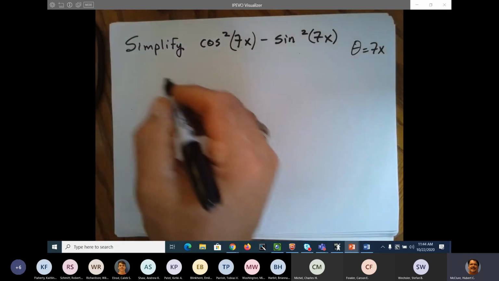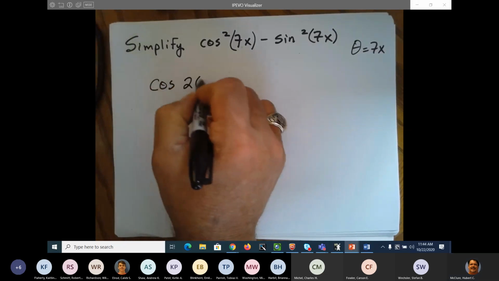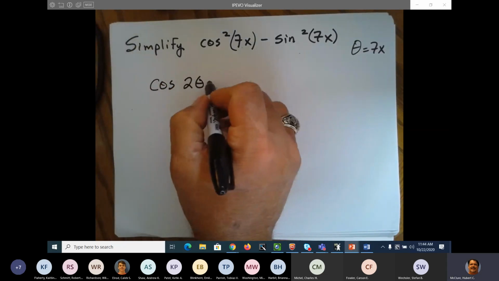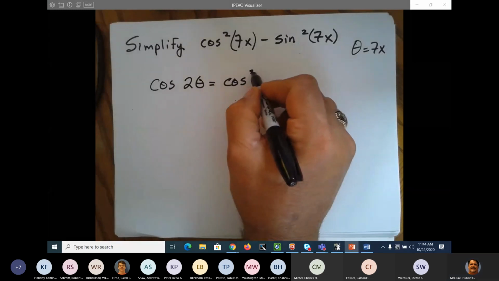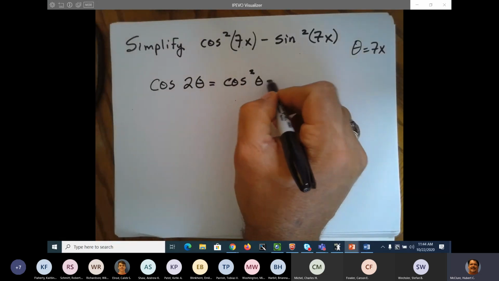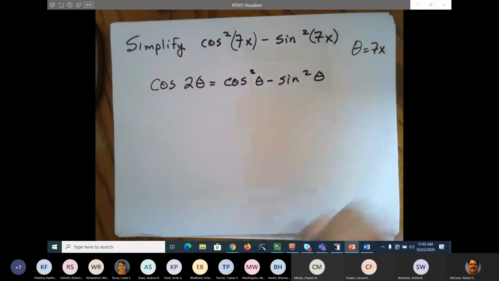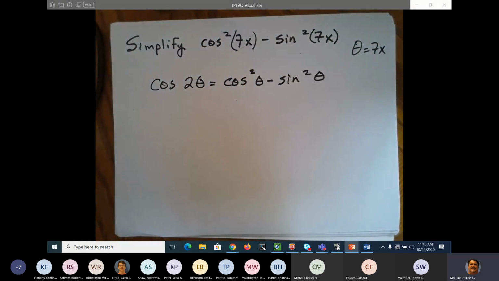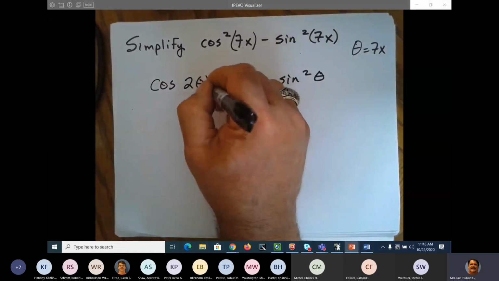Okay, remember, the cosine of 2 theta is equal to cosine squared of theta minus sine squared of theta. Okay, so we know that theta is right here.